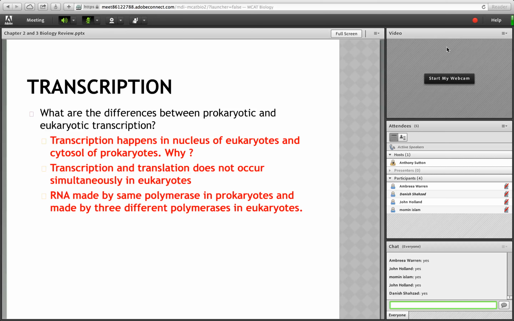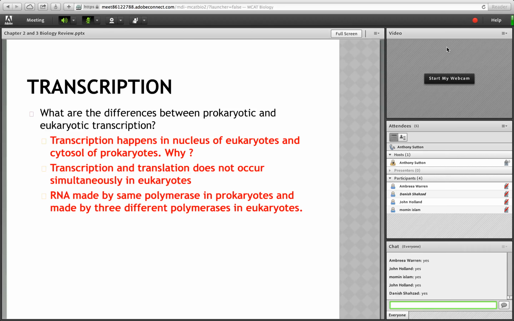So in a prokaryote, one polymerase is responsible for that messenger RNA. Whereas in eukaryotes, which are more complicated, we have 3 different polymerases. Let me give you an example.